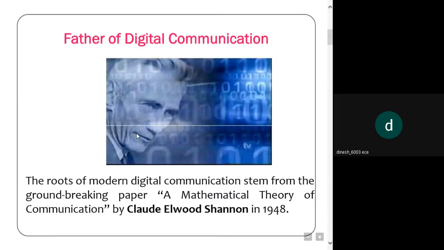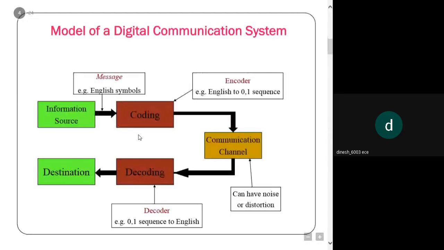So, I think everyone is familiar with this block diagram. In a communication system, we'll be having three major parts. First part is your source, which would be at your transmitter. The second part would be your receiver, which would be at your destination.